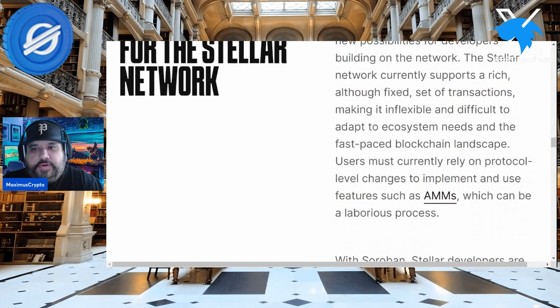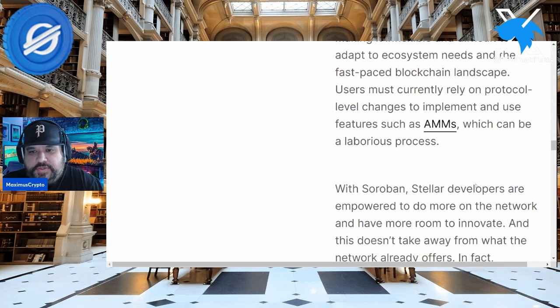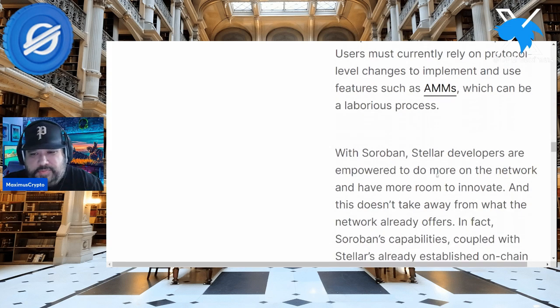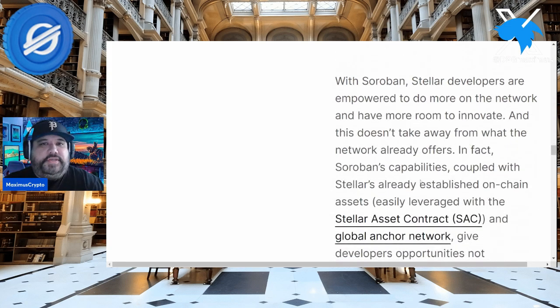The Stellar network currently supports a rich, although fixed set of transactions, making it inflexible and difficult to adapt to the ecosystem needs. Users must currently rely on protocol-level changes to implement and use features such as AMMs, which can be a laborious process. But here's the key part for you.